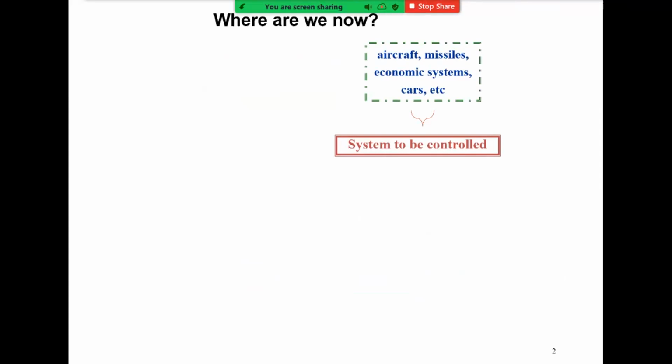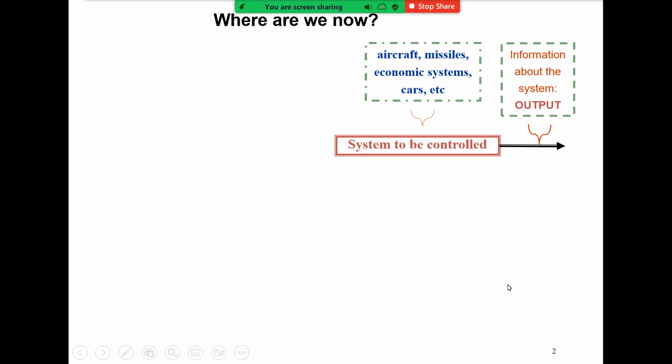The core of this part 2 is about how to improve the performance of the system. We want to control, which means we want to improve the performance of the system. You are not satisfied with the performance of the current system, so you want to do something. The fundamental principle behind the control systems is the feedback.